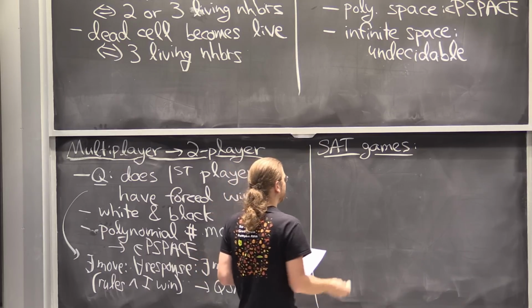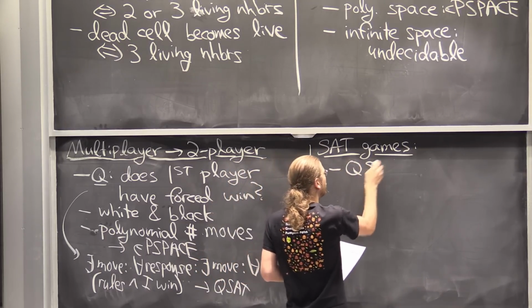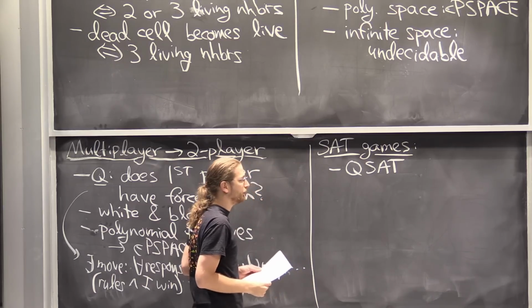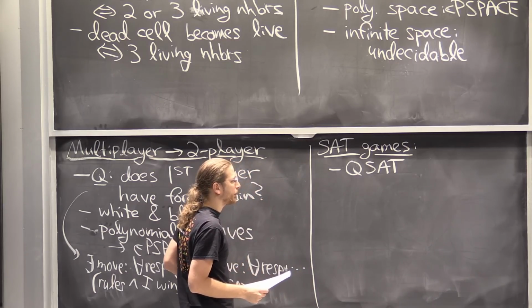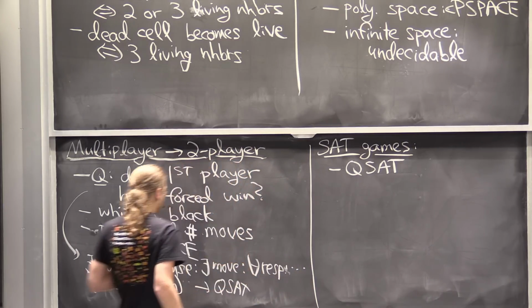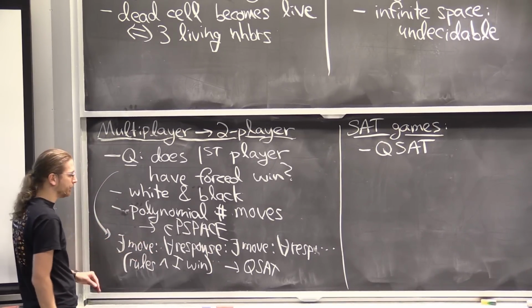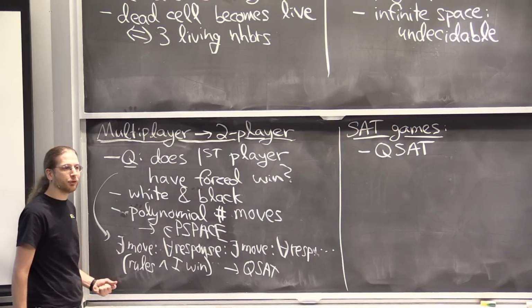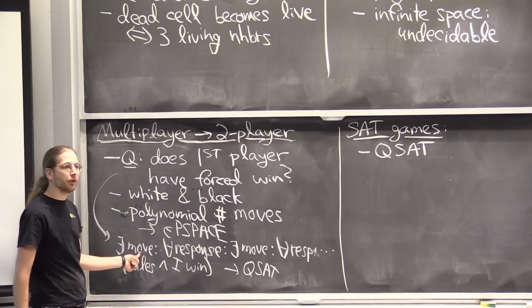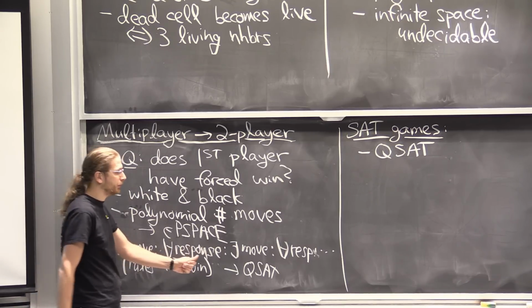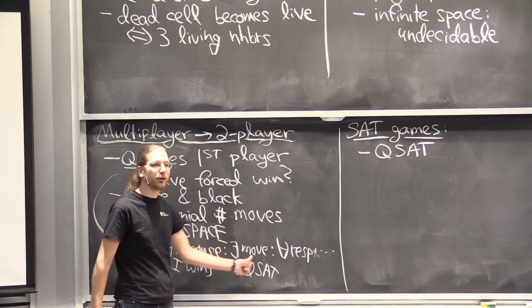So the first game is just your favorite flavor of QSAT. You can think of it as a game. Because QSAT is exactly of this form, in your first move, you choose this variable. In your second move, your opponent chooses this variable. In the third move, you choose this variable, and so on.